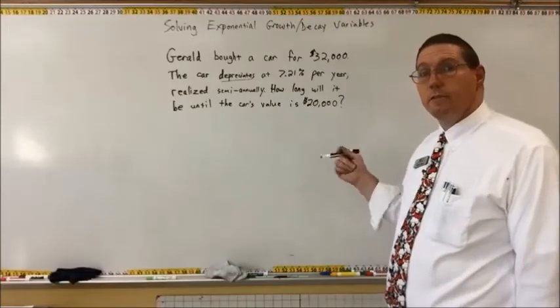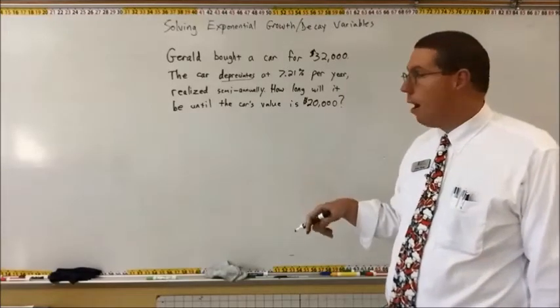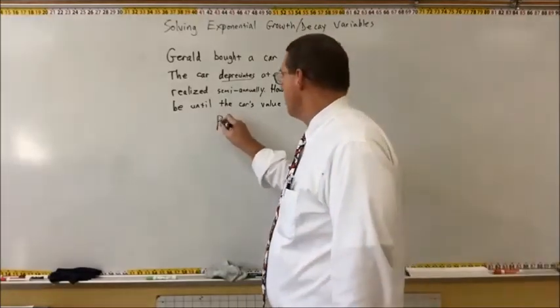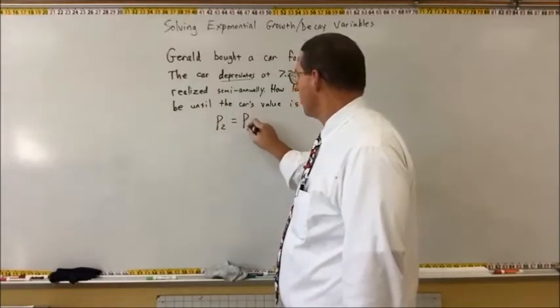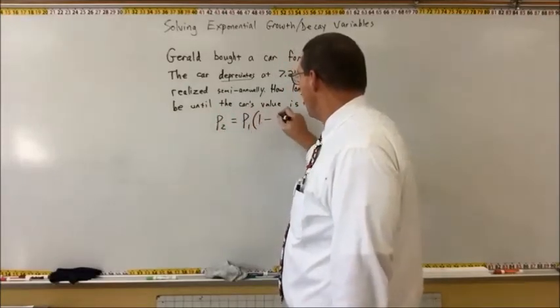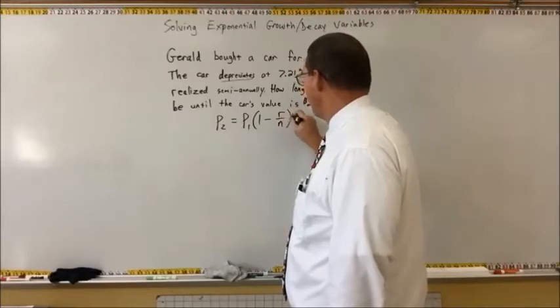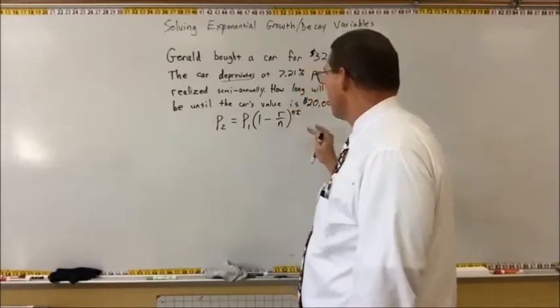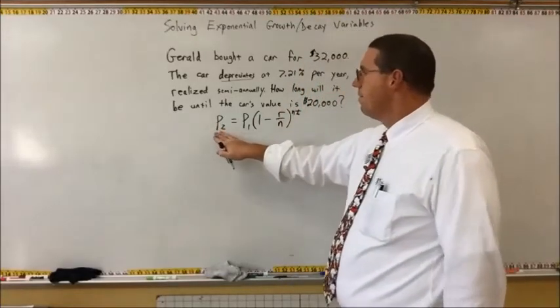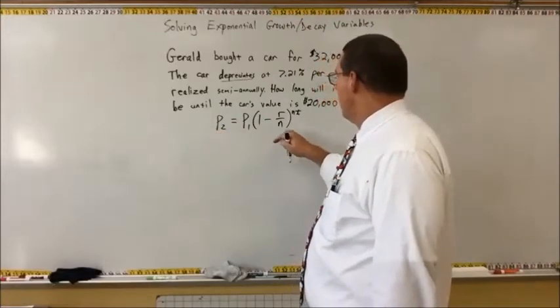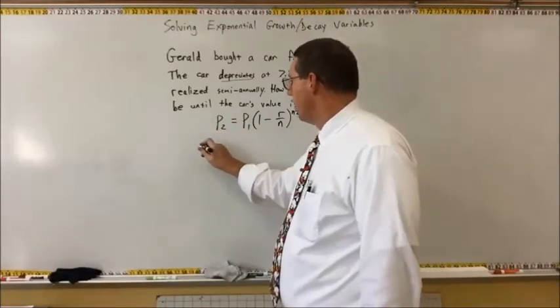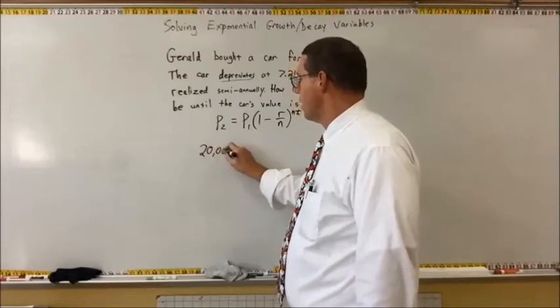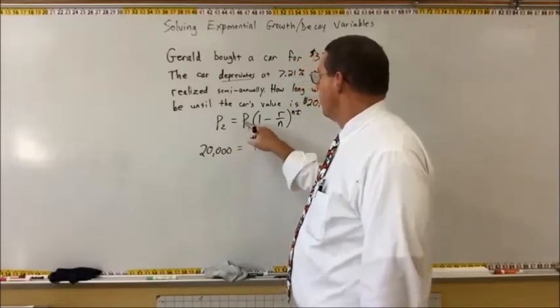Well, this is a discrete decay problem, so our formula is ending value is equal to starting value times 1 minus r over n, to the power of nt. So we're going to fill in here. We want to know when the car is going to be worth $20,000, so we'll put $20,000 as the ending value, equals the starting value.